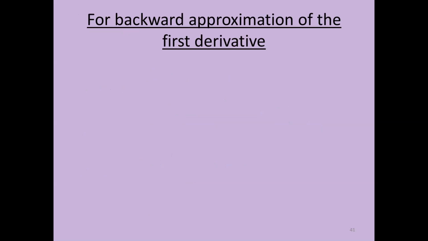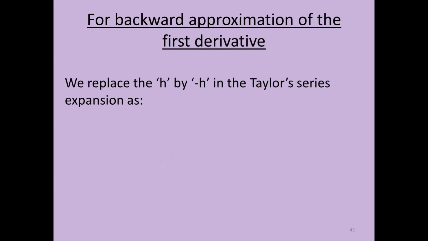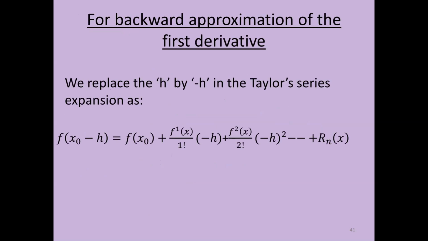Coming to the backward approximation of the first derivative, we simply replace h by minus h in the Taylor series expansion, such as, and then we are going to neglect some of the terms as we have done previously.